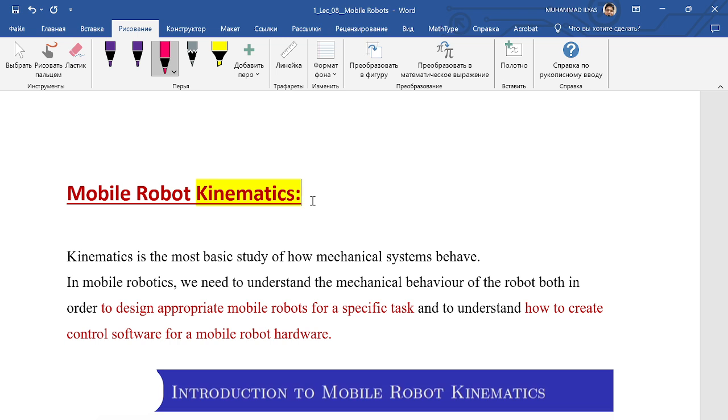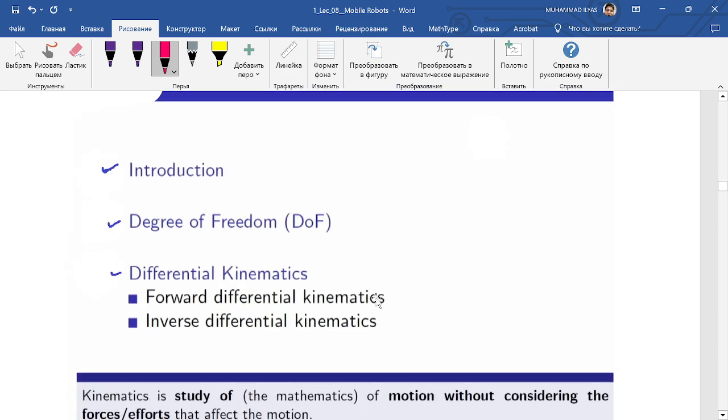Now we'll study some kinematic models for mobile robots, like forward differential kinematics and inverse differential kinematics. We'll cover these topics in this class.